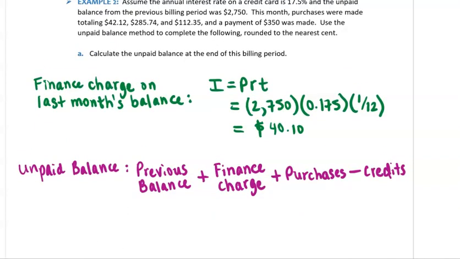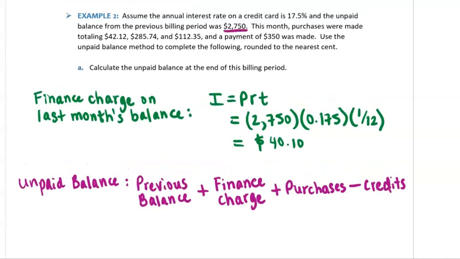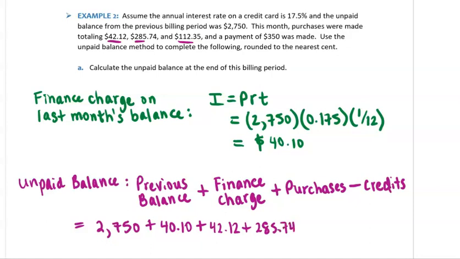Okay, so the previous balance was given, $2,750. The finance charge from the previous billing cycle we just calculated was $40.10. And then we're going to have to add any purchases. So we were told here that 3 purchases were made. So $42.12, $285.74, and $112.35.